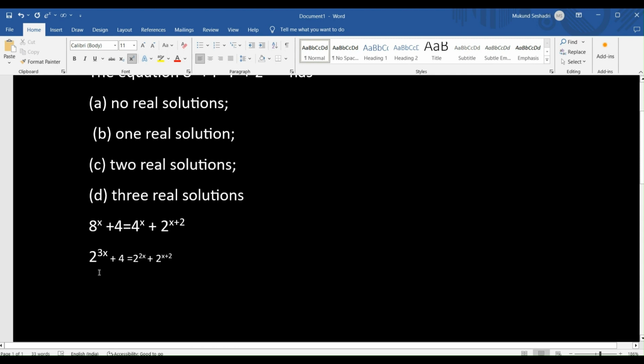So we have rewritten the equation as 2 to the power 3x plus 4 equals 2 to the power 2x plus 2 to the power x plus 2, right?